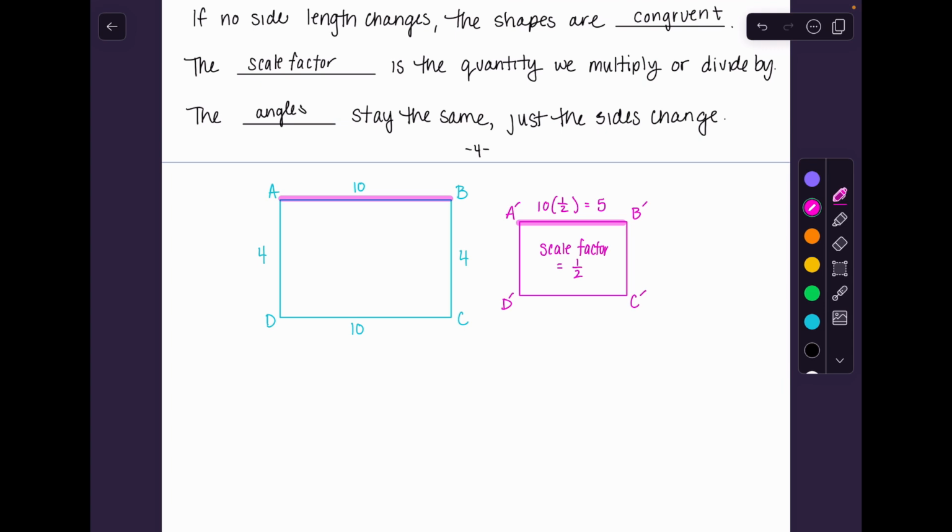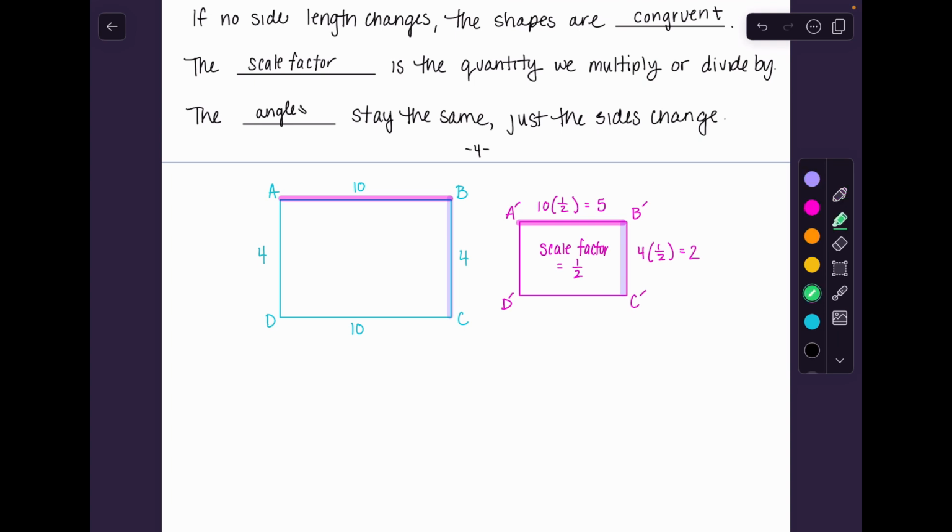So this side is going to be 5. And then likewise, to get side B prime C prime, I look at its corresponding side, and I'm going to multiply that by 1/2 to get that this side is going to have length 2.